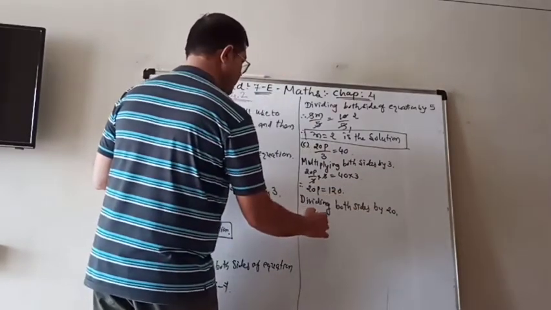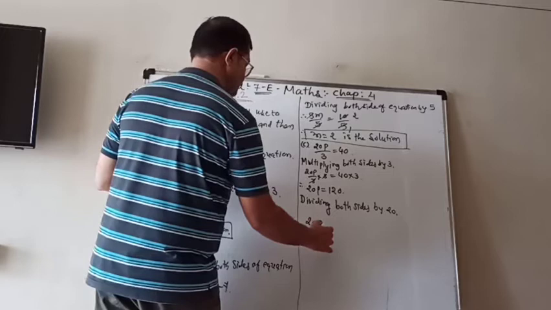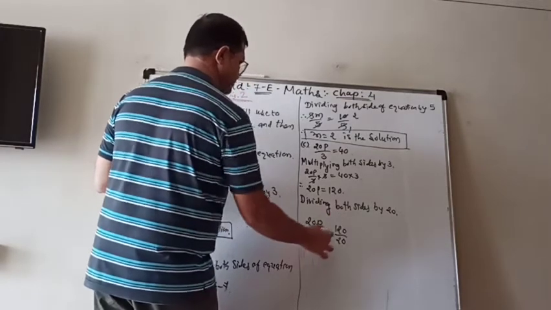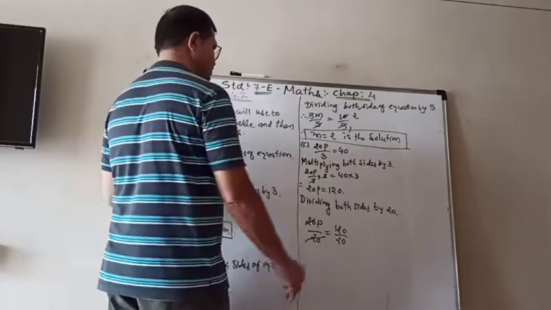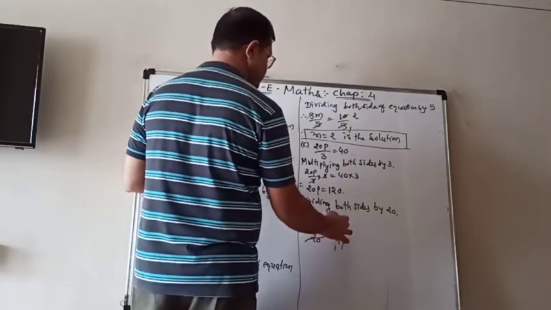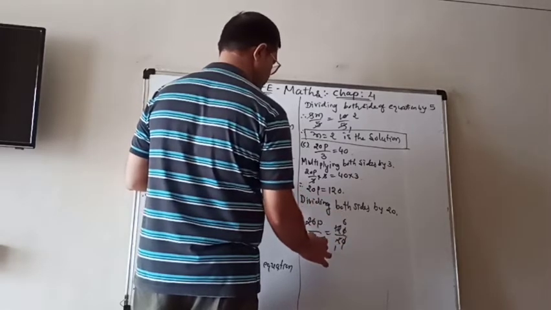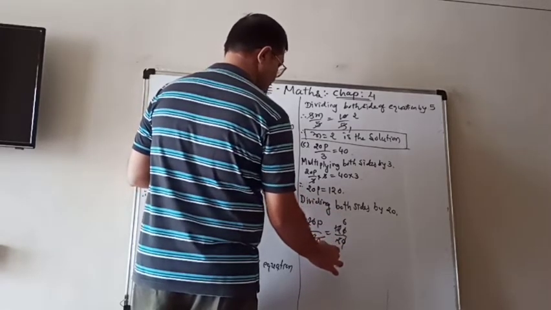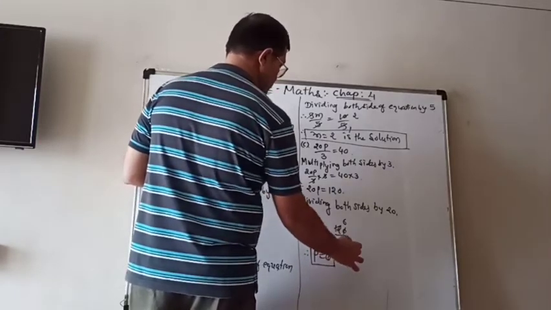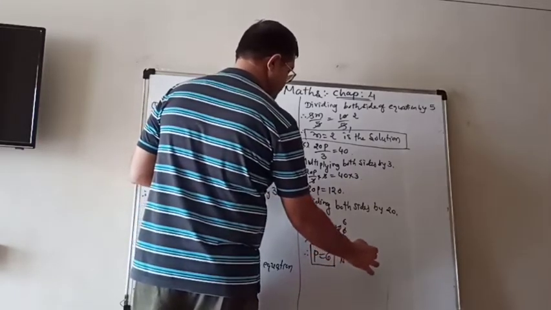So 20p upon 20 is equal to 120 upon 20. 20 gone. Zeros are cancelled and 2 sixes are 12. So p is equal to 6 is the solution.